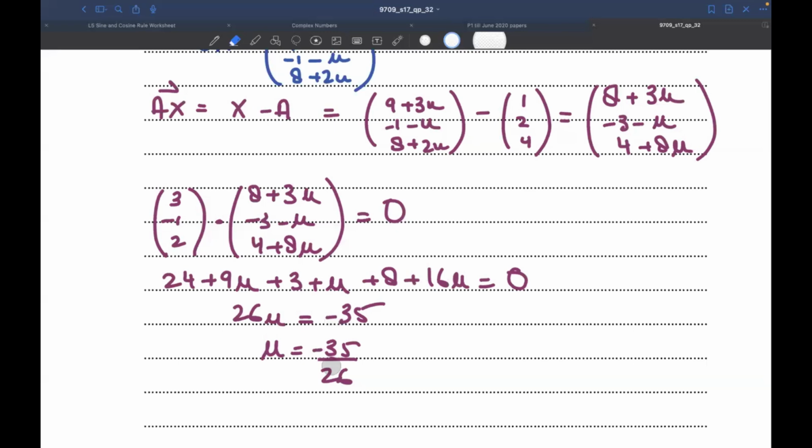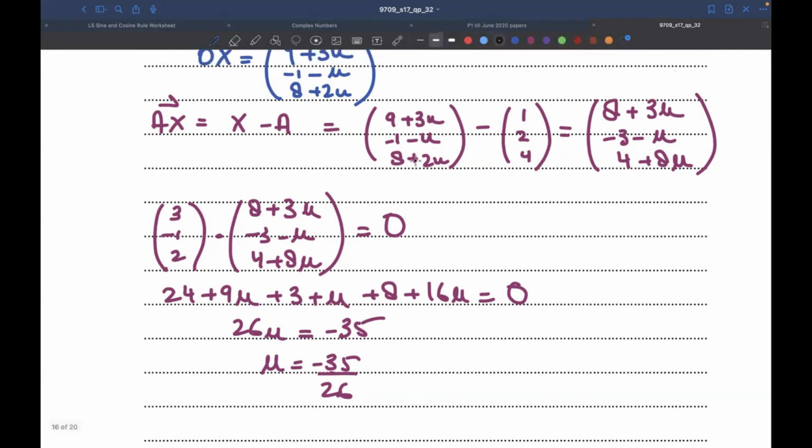Okay, so there is a problem with mu. We have the problem over here. 8 minus 4 is 4, so this should have been 4 plus 2 mu. So this becomes 4 plus 2 mu, and this will also be 2 mu over here. So this will also become 2.